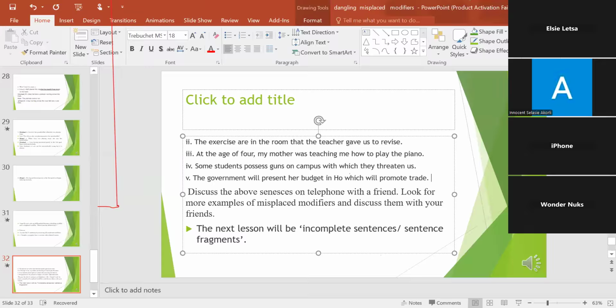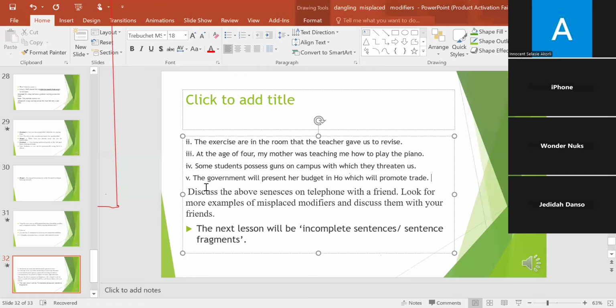So how will we modify it? The government will present her budget, which will promote trade, in whole town. So it means that the budget will be presented in whole town.